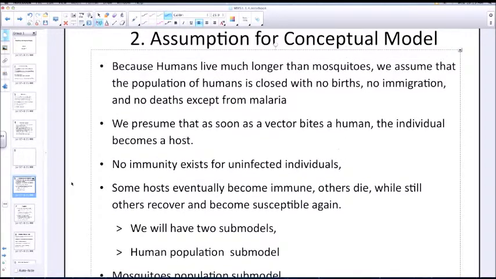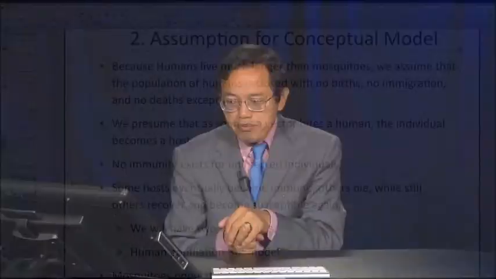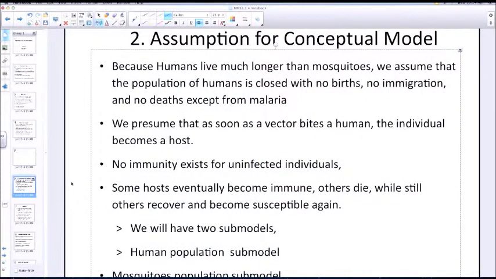So in this conceptual model, we make some assumptions. The first assumption: for the population, usually we have to think about birth and death. But since humans live much longer than mosquitoes, we are not going to discuss human birth or death, except the death due to the malaria disease.